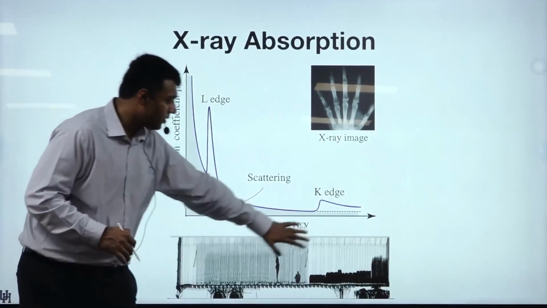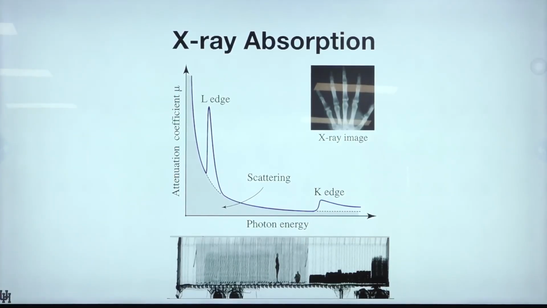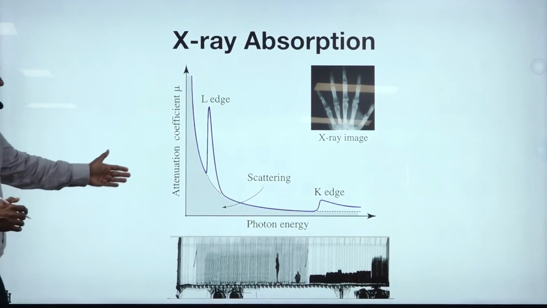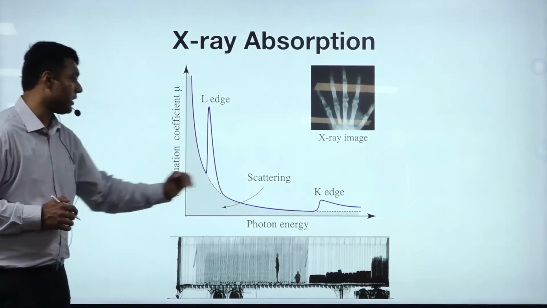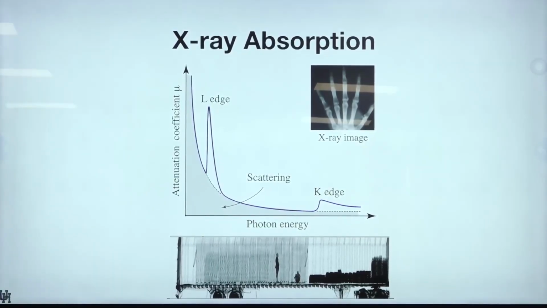So you can look at the photon energy, how much energy is in the photon, and you can create a plot of the attenuation or absorption coefficient, and that tells you something about the nature of the materials in X-ray.